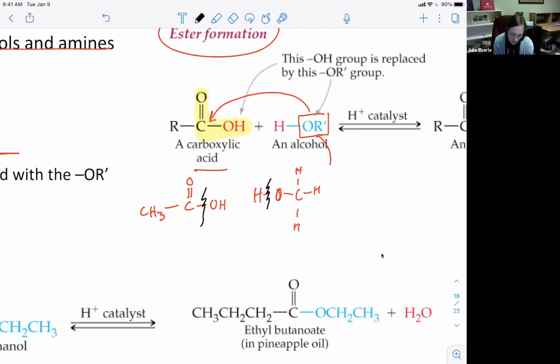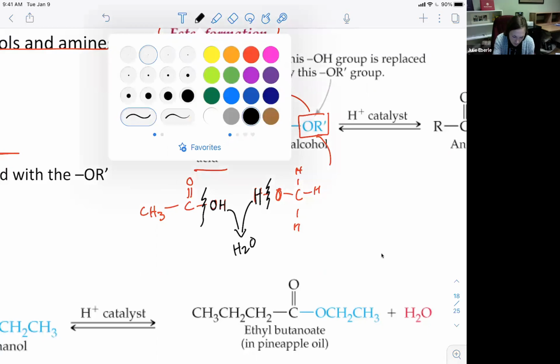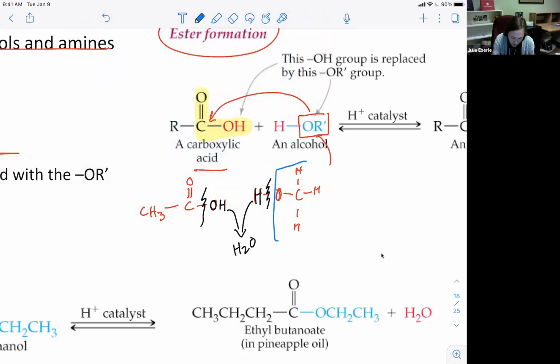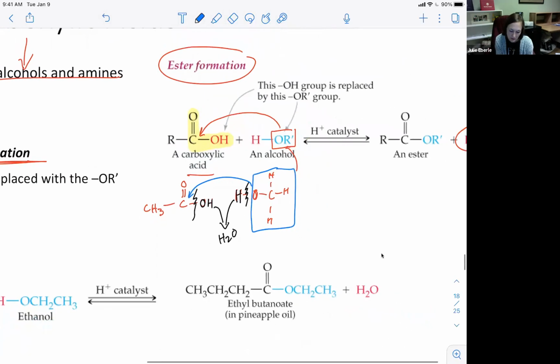These portions, I'm going to trace them over in black. Because they both break off, that is what forms water. You see that? HOH. And then once those are out of the way, this portion of the alcohol is just going to slide over and bond to that carbon. That's what forms the ester.